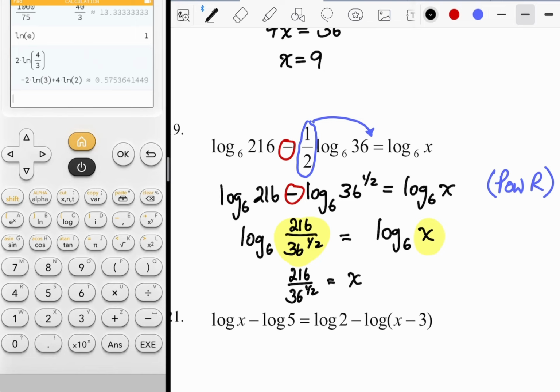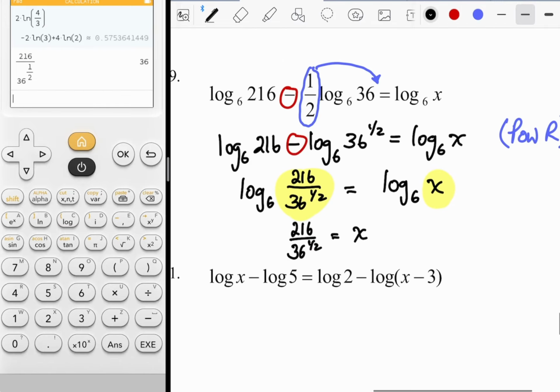All right, now we could also clean it up a little bit. So 216 over 36 to the 1/2. Now 36 to the 1/2 is the same as the square root of 36, which is 6. So you could actually just cut out some of the fluff there, but you could also just type it in as is. Either way, you should come up with x is equal to 36.